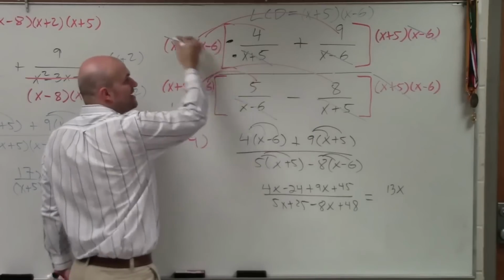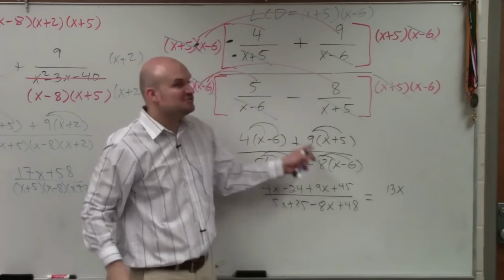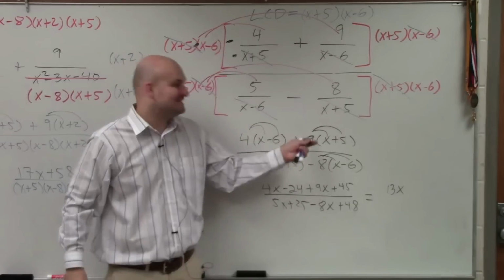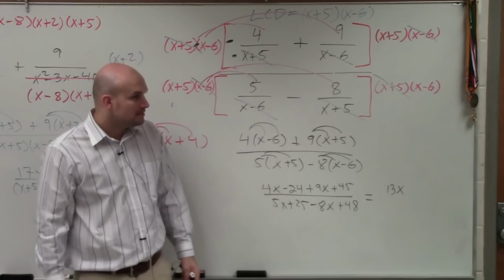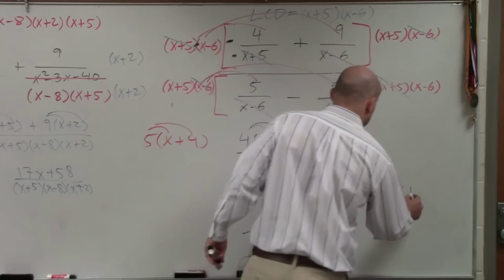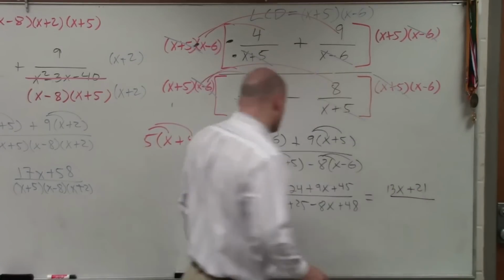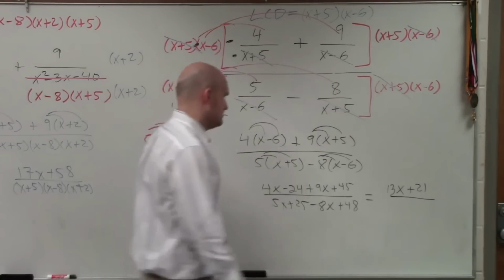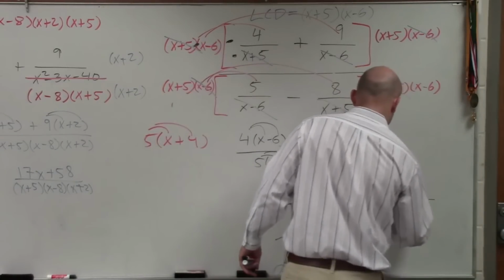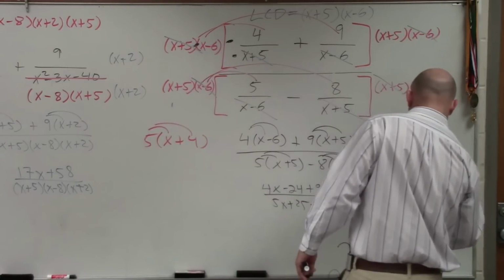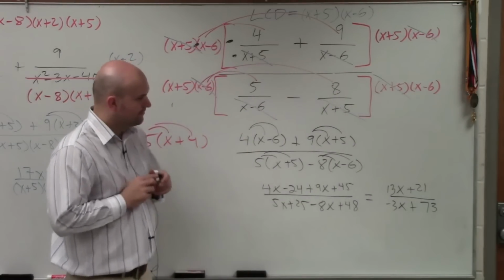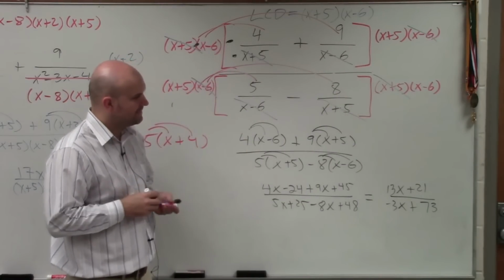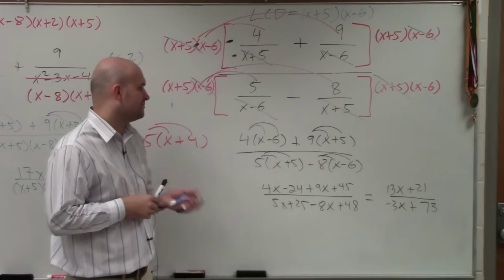That's why I can apply the division property here. But once you separate terms and expressions by addition, you can't apply the division property. 13x plus 21, negative 3x. Okay. And you can't factor anything else out from there, simplified.